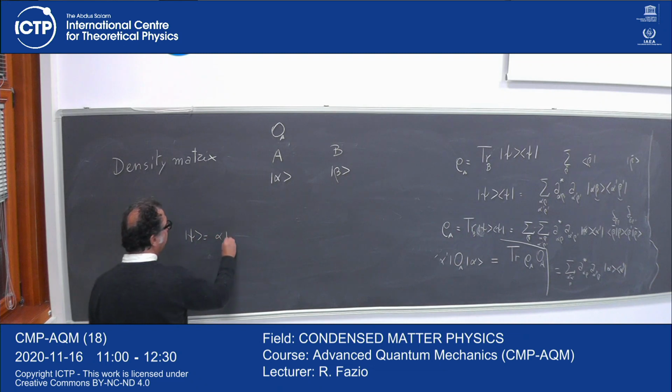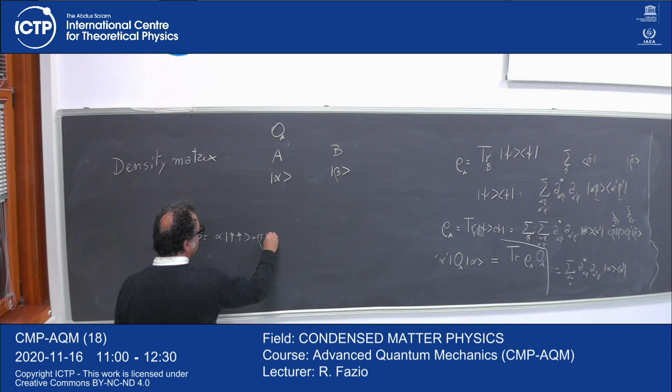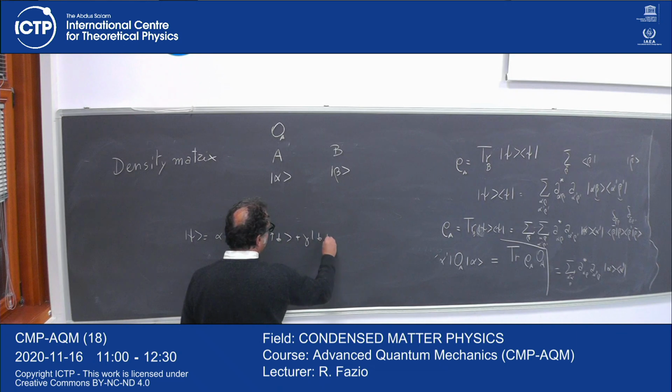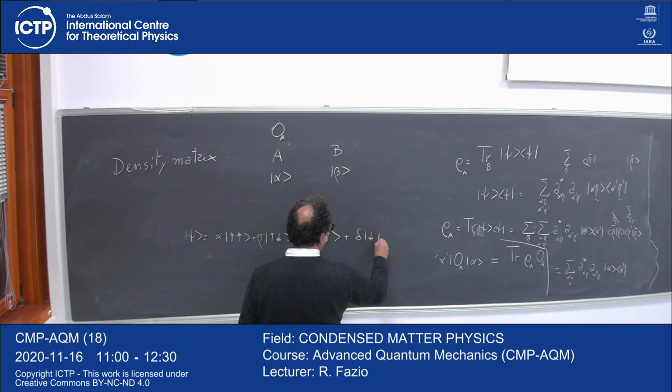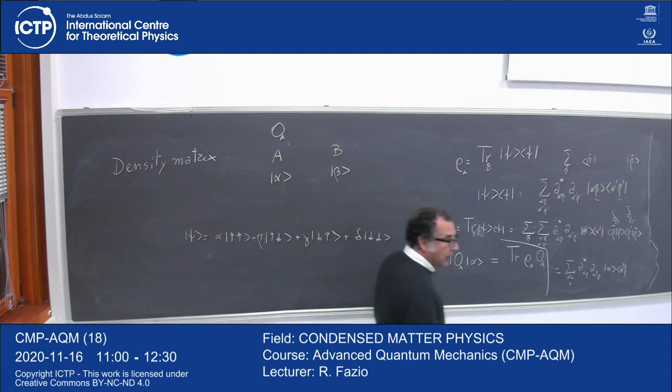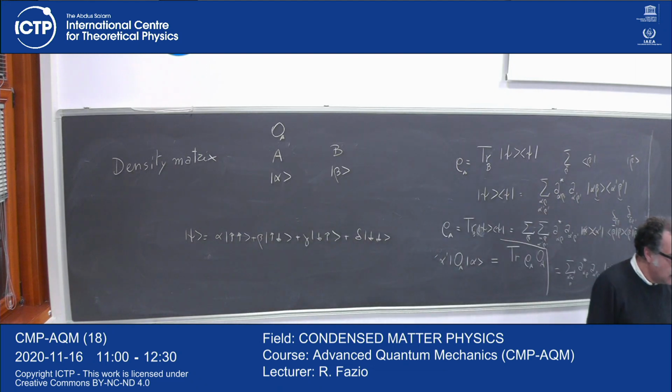So it will be alpha up up plus beta up down plus gamma down up plus delta down down, right? Where alpha squared plus beta squared and so on should sum up to 1, okay?